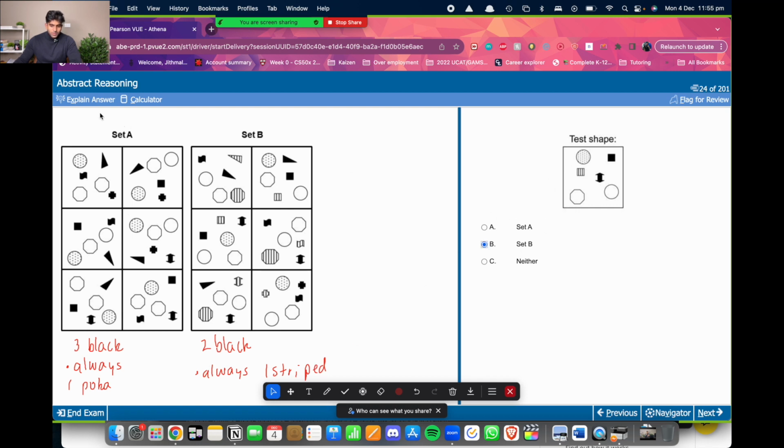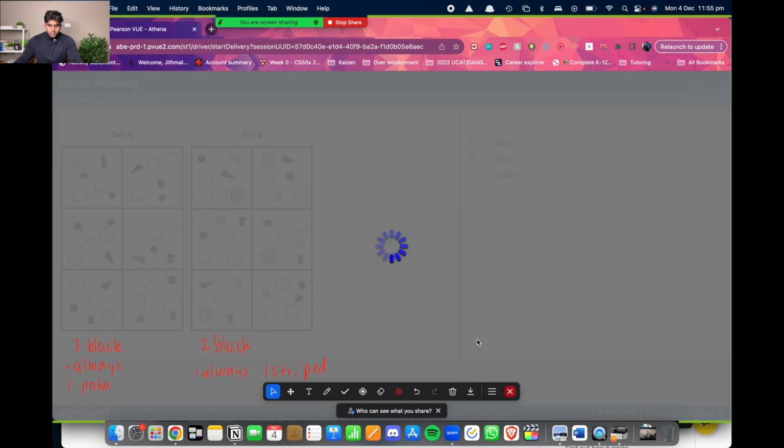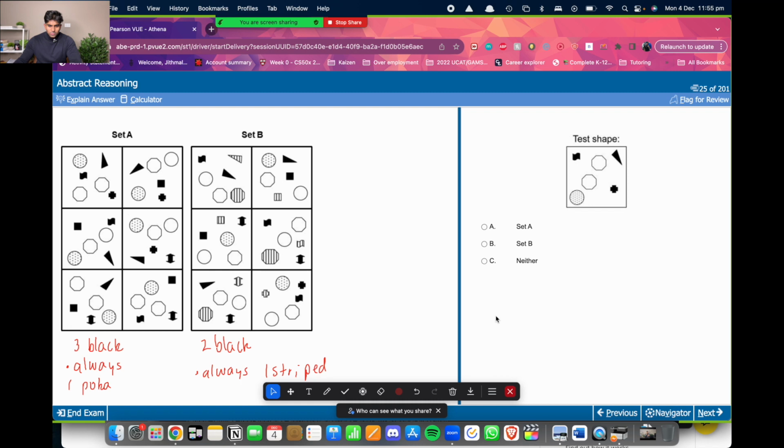Polka dot must be B. All right, three black, two white, three black, two white, and one polka. That must be A. Two striped, two white, one black. Because there's one black and none of these have one black, I know that this can't be either one. It must be neither.